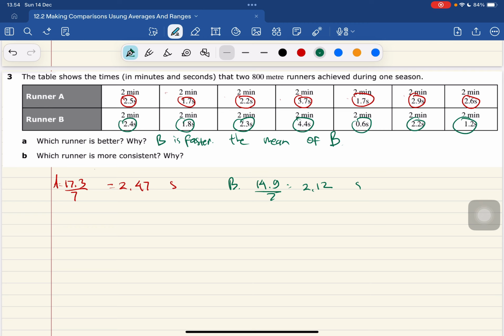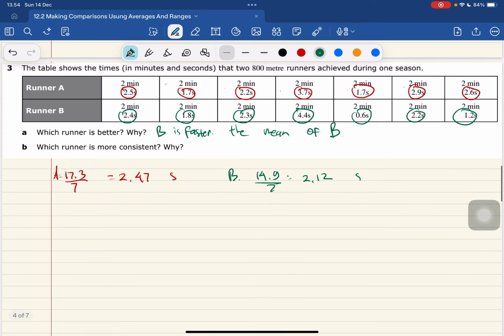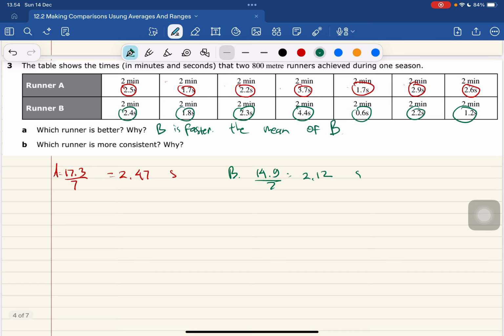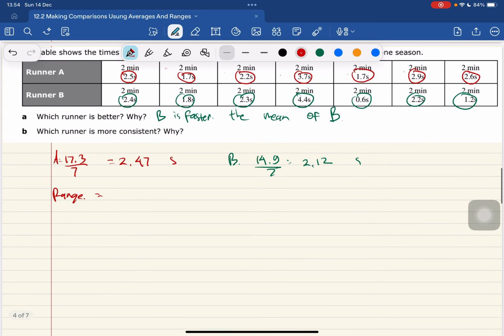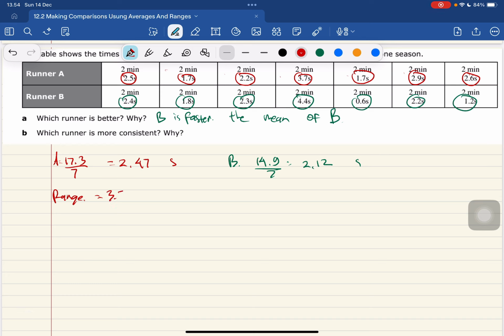Which runner is more consistent and why? To find the consistency, let us find the range. For A, the highest is 3.7 seconds and the lowest is 1.7, so the range is 2.